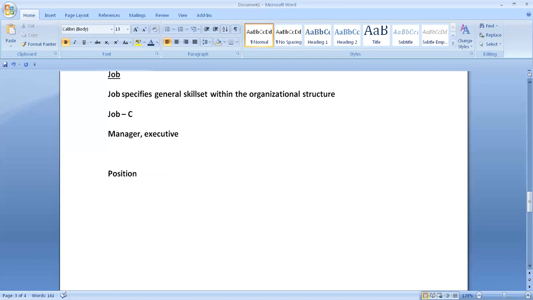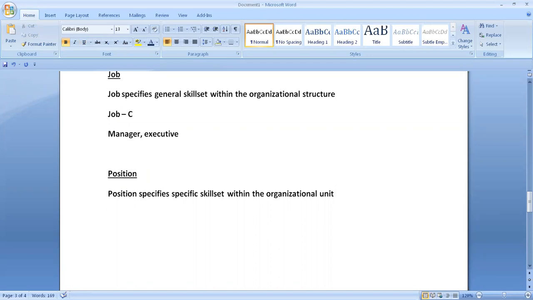So position specifies a specific skill set within the organizational unit.